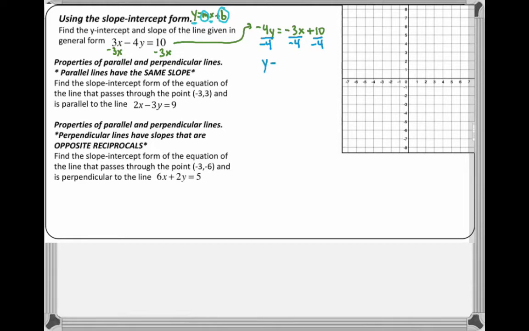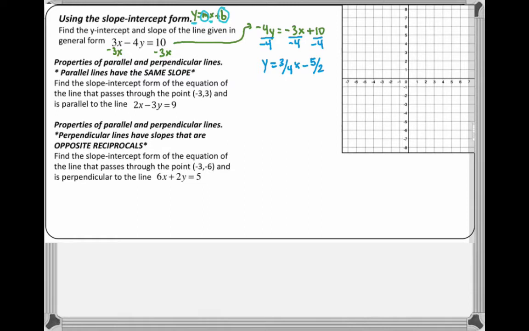So you go y equals, and over here a negative divided by a negative is going to give you a positive, so you would have 3/4 x. A negative divided into a positive is going to give you a negative, and I want to reduce that down, so I would have 5/2. So this is going to be the equation in slope-intercept form.